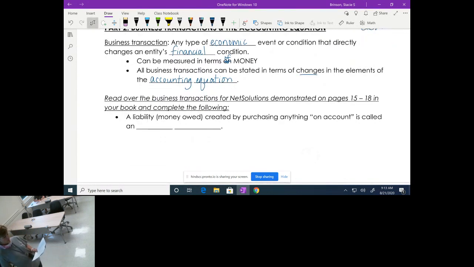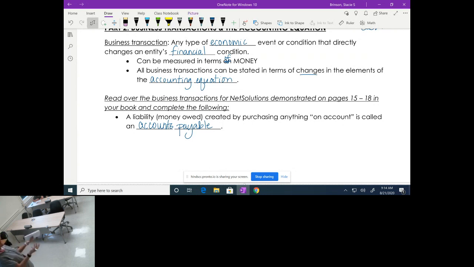All right, a liability created by purchasing anything on account is called an accounts payable. So if I have a business and I buy some inventory to sell to customers and I don't pay for it right now, and the company has agreed to let me pay for it in 30 days, to me that's an accounts payable for my business.